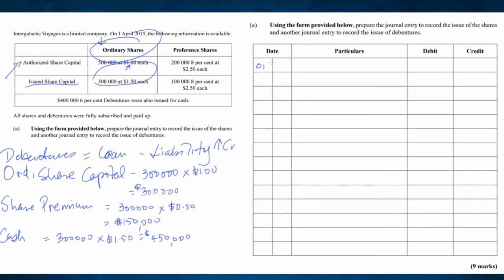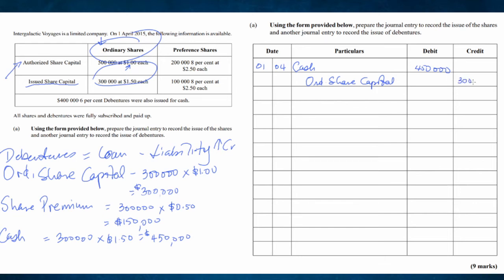Okay, so it's the 1st of the 4th. We are debiting. Always remember that we are debiting cash since we are receiving cash, and the amount is $450,000. We are going to credit our two capital related accounts, capital and reserve accounts. In this case is ordinary share capital, and the amount we pick up there is 300,000.